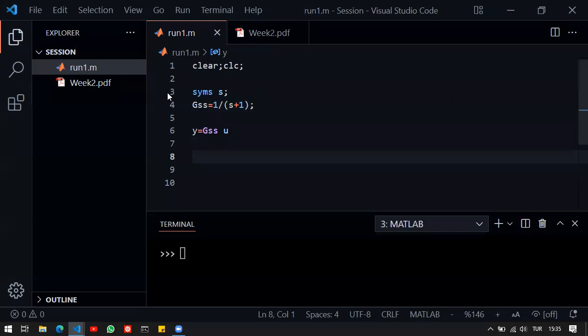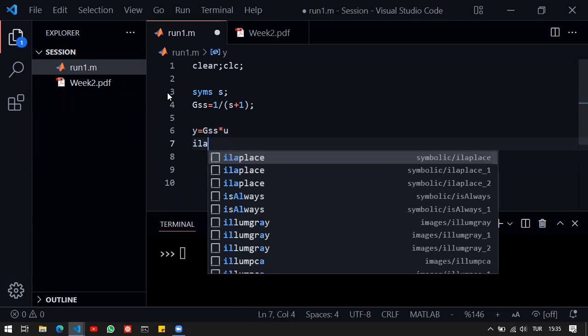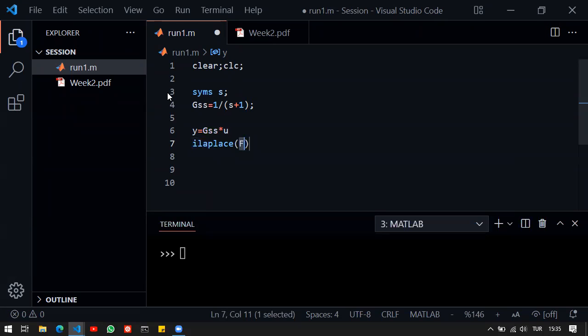If I know the input, which is a unit step in this case, and I know the transfer function, I know that the multiplication will give me the output in the Laplace domain. What I can then do is take the inverse Laplace of this multiplication. So what is U in our case, if we are talking about the unit step input? It's 1 divided by S.